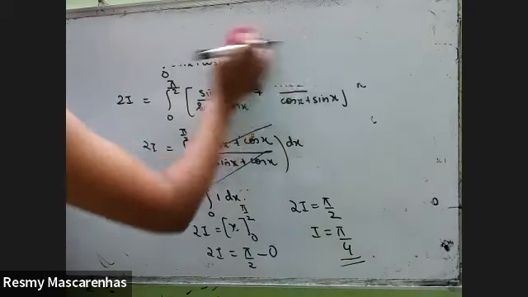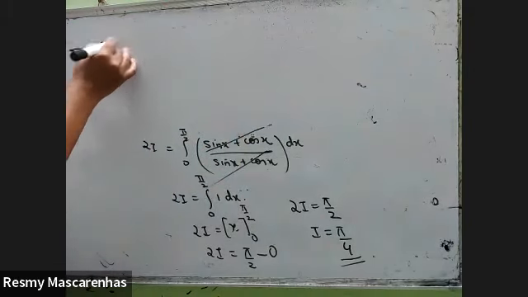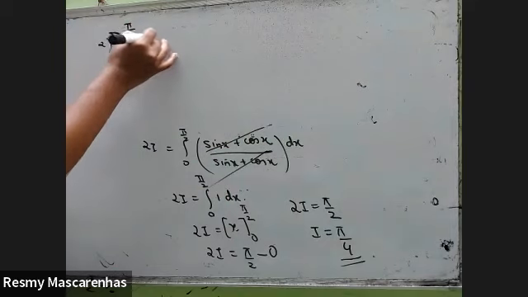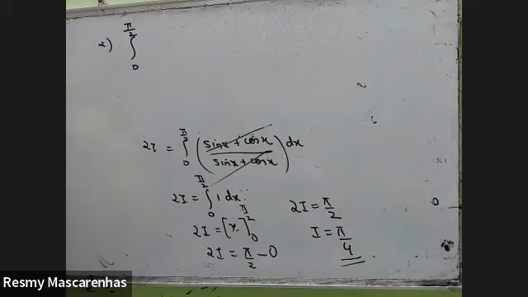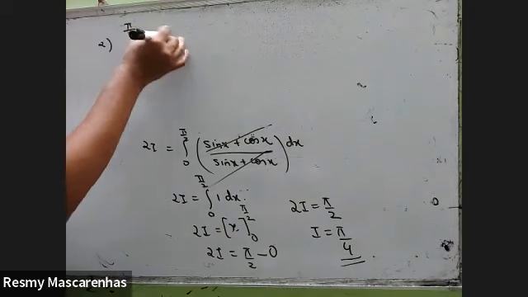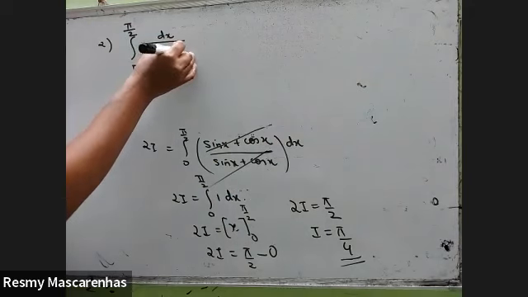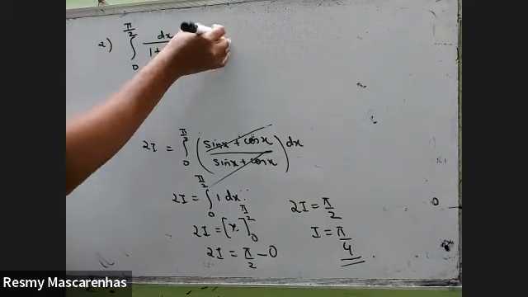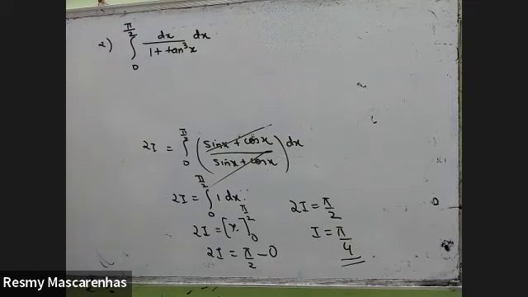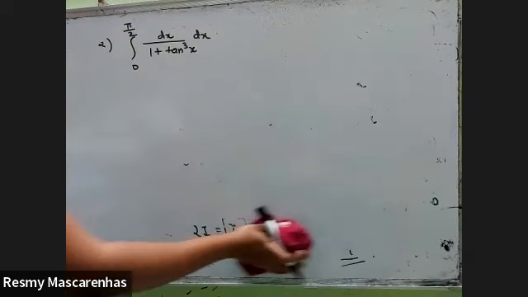Second one. 0 to pi by 2, one upon 1 plus tan cube x dx. So tan cube, what you do is write it as sin cube upon cos cube.